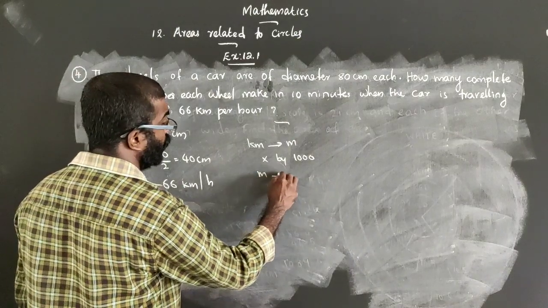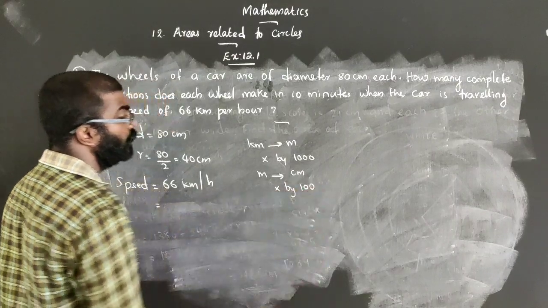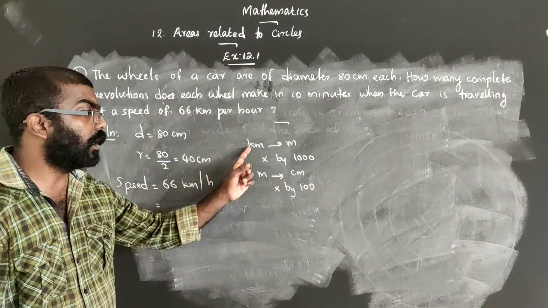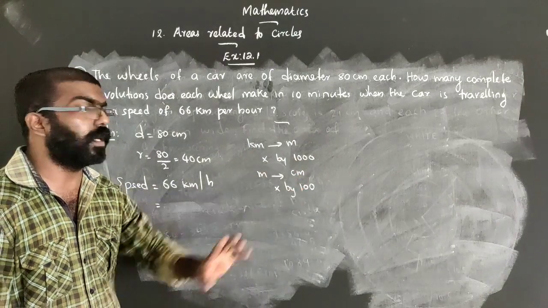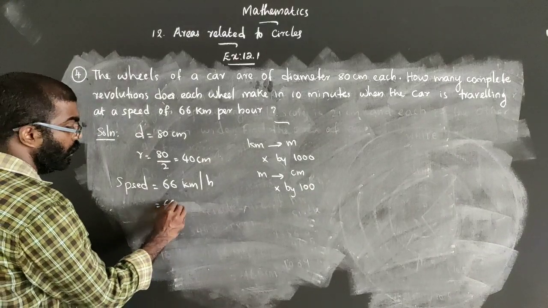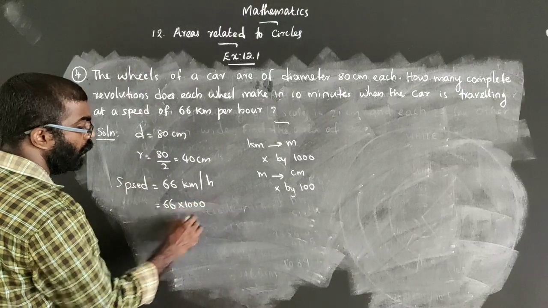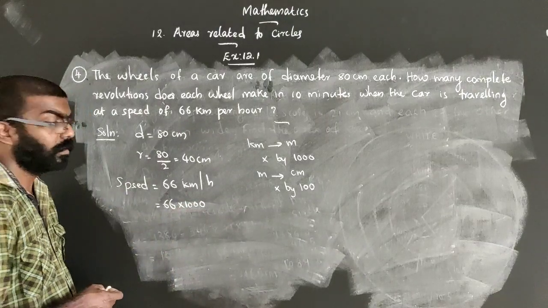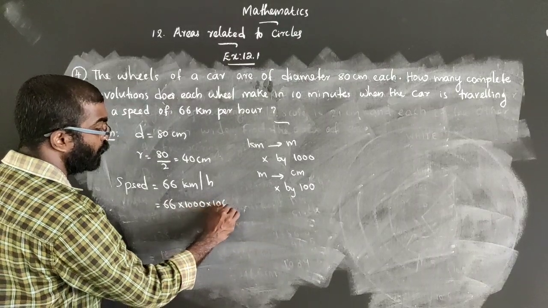And meter to centimeter, we have to multiply by 100. So to convert kilometer to centimeter, we have to multiply by 1000 into 100. That means 1 lakh. So here we can write 66 into, if we multiply by 1000, it becomes meter. Again, if we multiply by 100, it becomes centimeter.